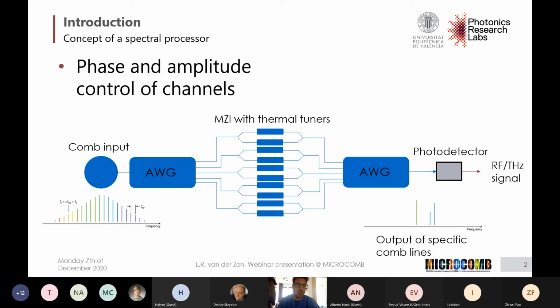What we have here is a comb input. Then the comb lines get demuxed at the AWG, and the different channels will be phase and amplitude controlled by Mach-Zehnders, and then muxed again in the second AWG, and then they can be sent to, for example, a photodetector in order to create a high frequency signal.